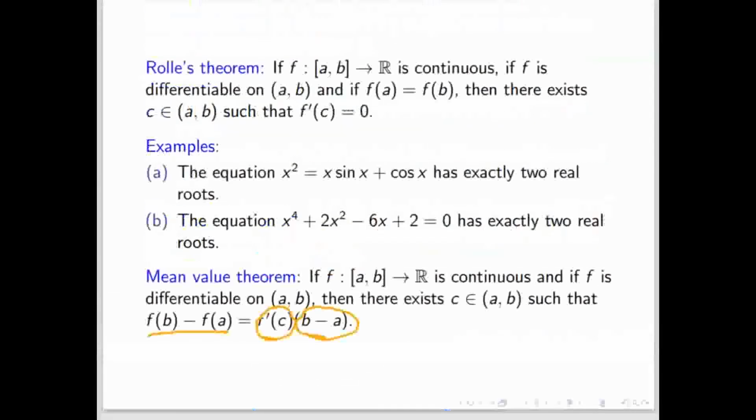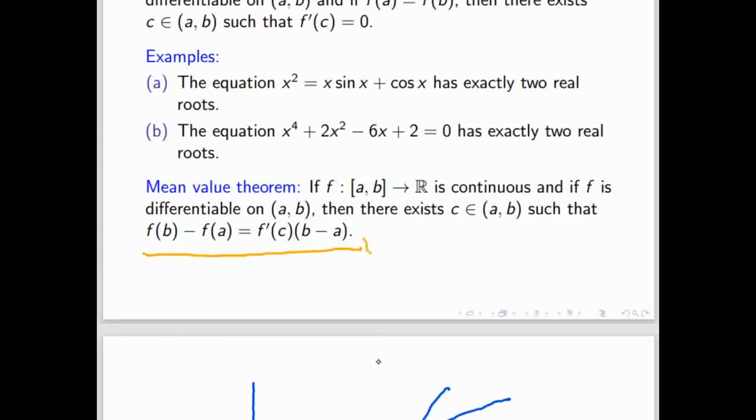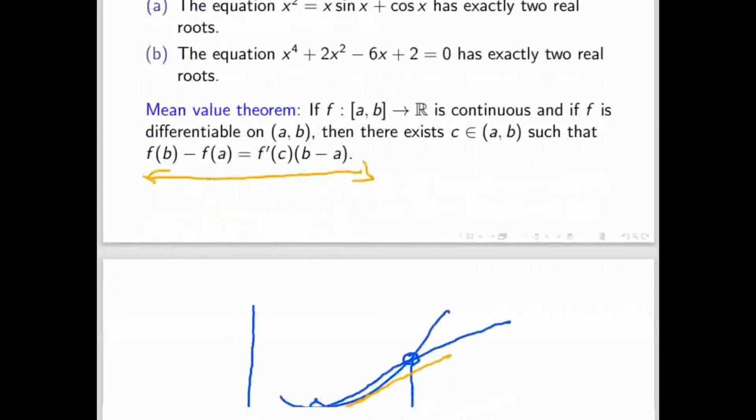Now I will tell some other application in terms of roots. Suppose a function has 2 distinct roots, not 2 equal roots.